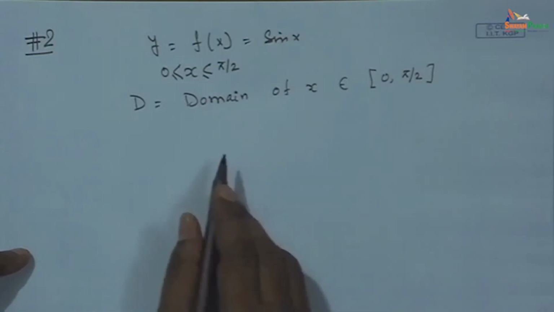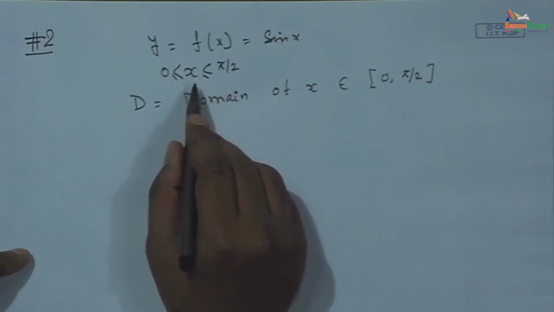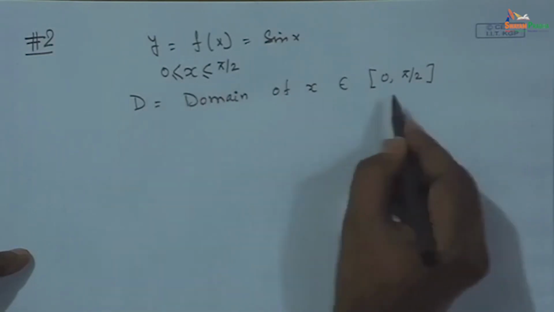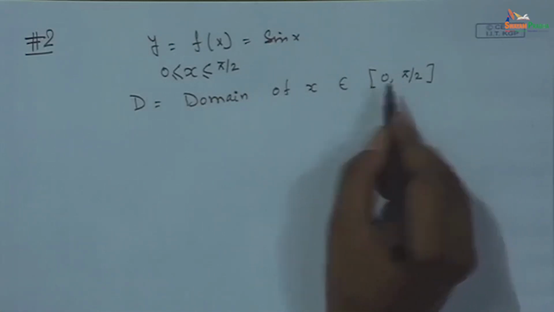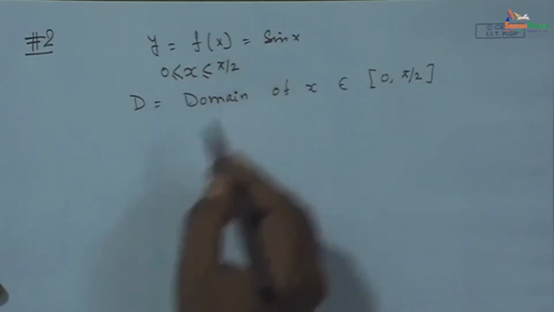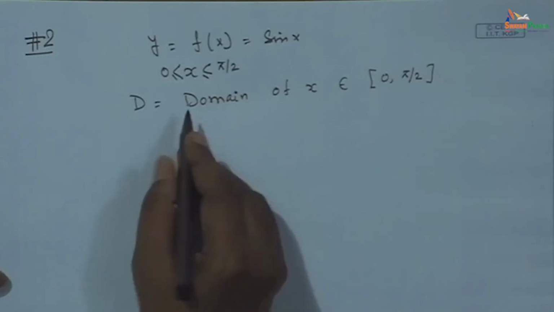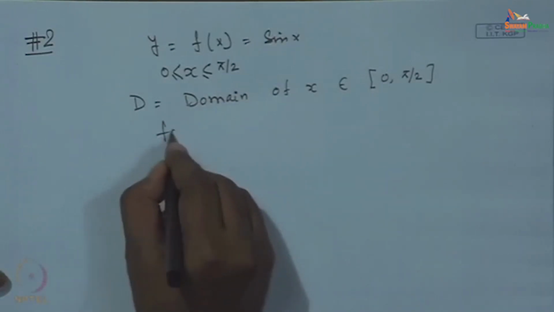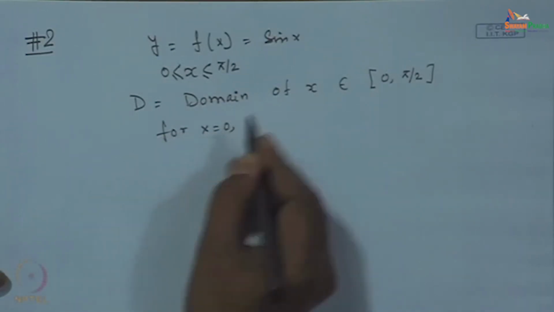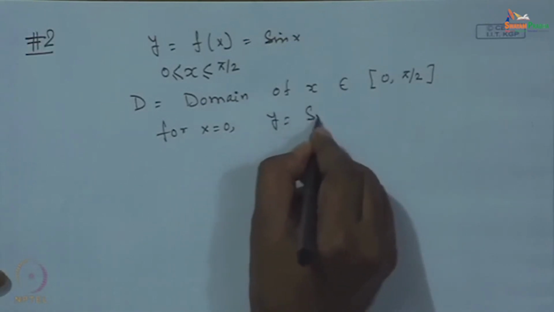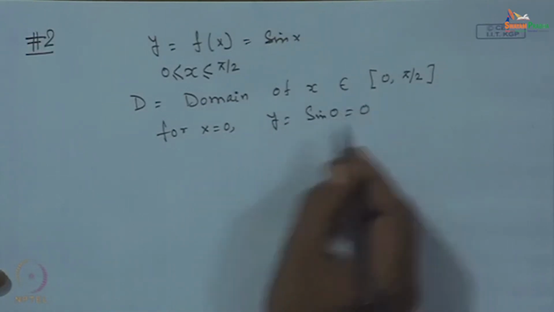Putting the minimum and maximum values of x in the function gives the range of f. For x is equal to 0, y is equal to sin 0, which is 0.